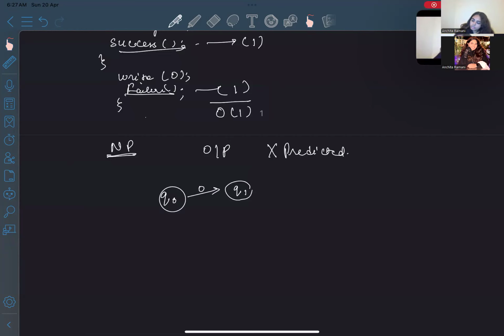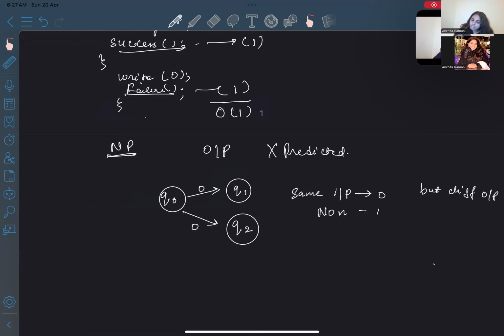We got output Q1, right? We again gave the same input, and for the same input, we are getting a different output. So here, the same input 0 gives different outputs, Q1 and Q2. So this is termed as non-deterministic.